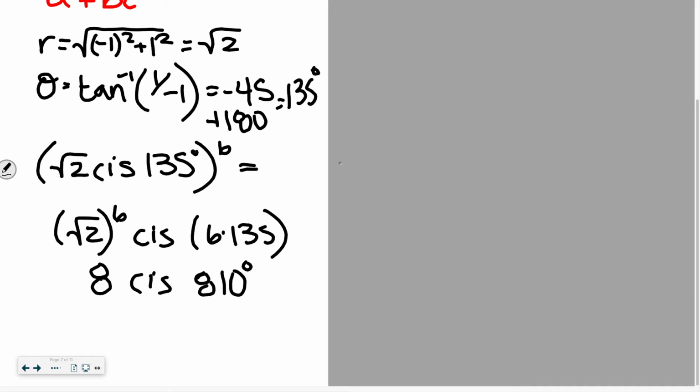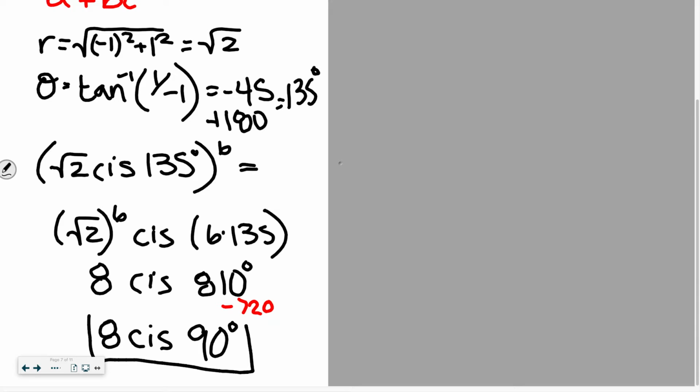I've got to get it back down to an angle between 0 and 360. So to do that, I'm going to subtract 360 2 times. So it's really like subtracting 720. That's me getting a coterminal angle. So 8 cis, what is that, 90? Yeah. That is z to the 6th. Now, that's in trig form, right?